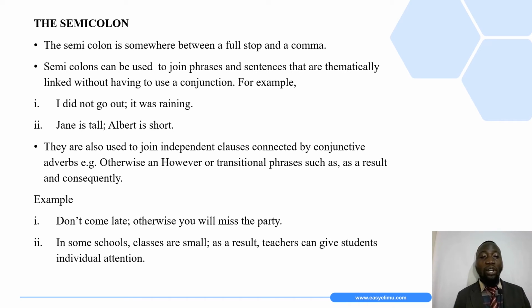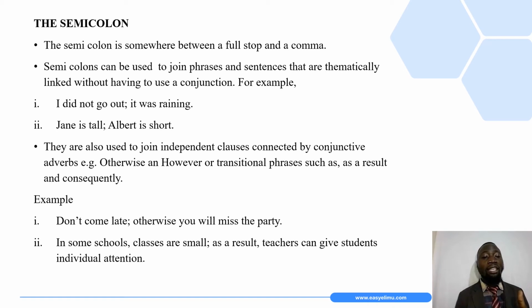So when we remove the conjunction because, we can have the semicolon playing the same role in the sentence. There is also another example: Jen is tall; Albert is short. The semicolon here has again taken the function of the conjunction.